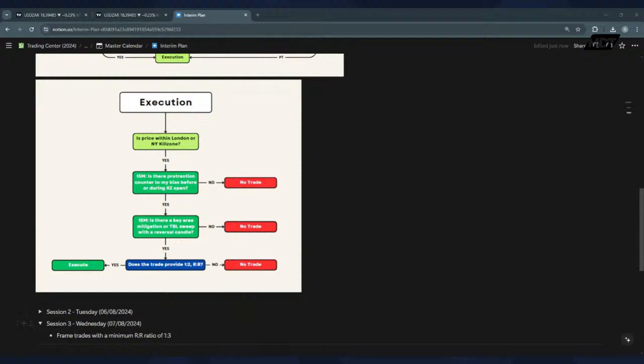And then in today's session, because in this plan you can see I look for a minimum of 1:2, just based on some of the lectures that I've watched this week, I want to frame trades, at least for just today, with a minimum risk to reward ratio of 1:3.